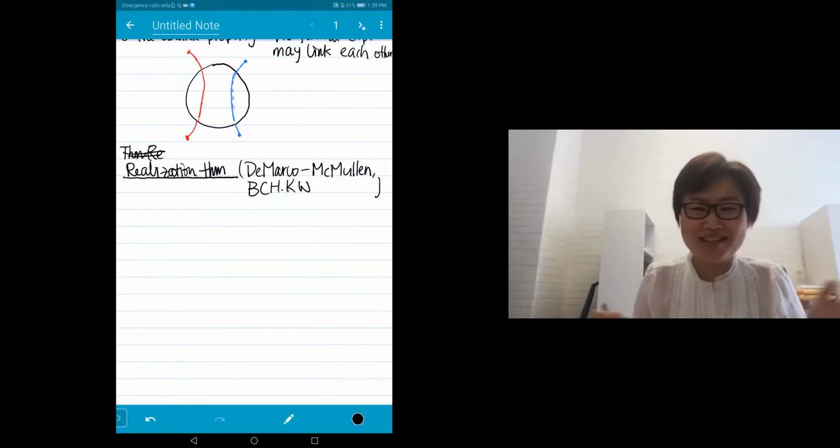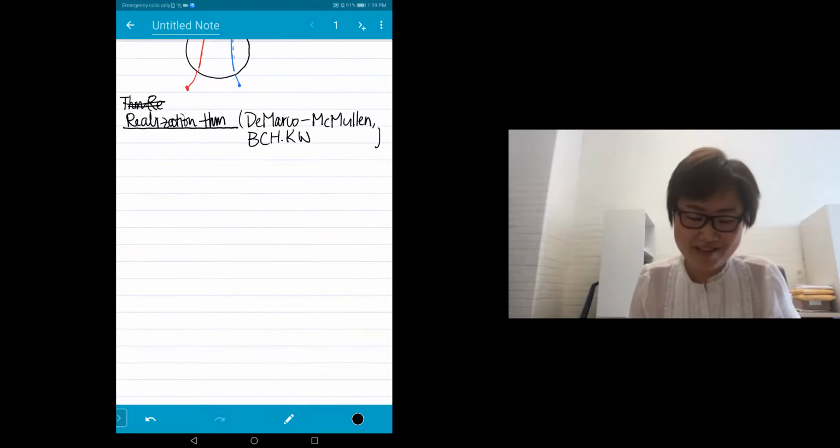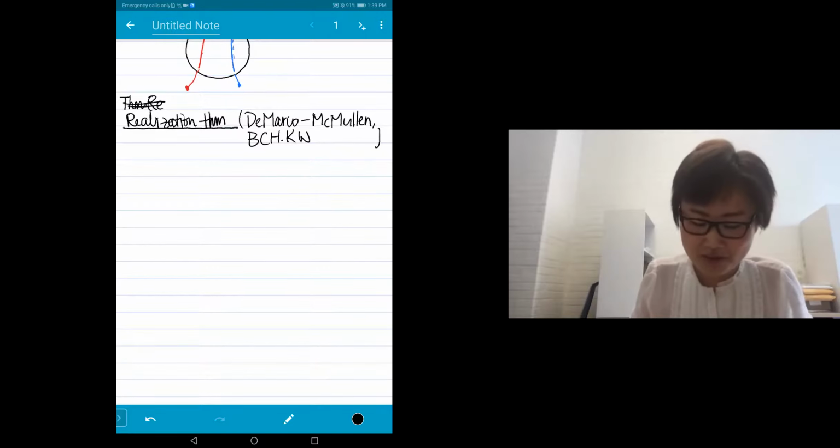So the idea is basically the same, but the details are a little bit different because we're dealing with two different models.